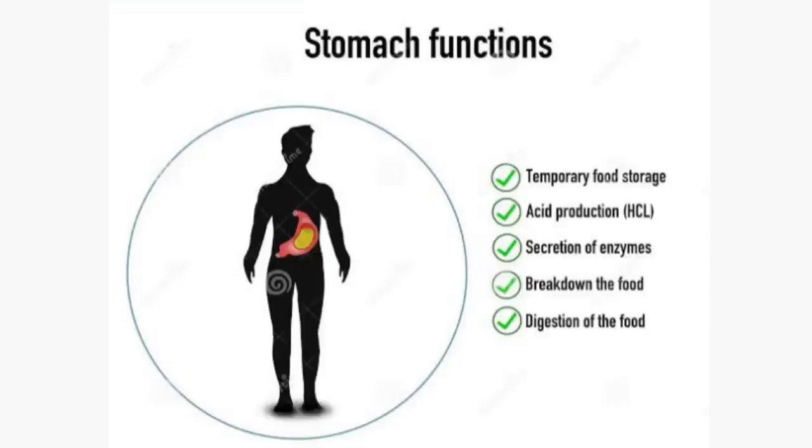Function of the stomach. Stomach acts primarily as a reservoir of the food, and it also acts as a mixer of the food. The gastric glands produce hydrochloric acid, which destroys many organisms that are present in the food.